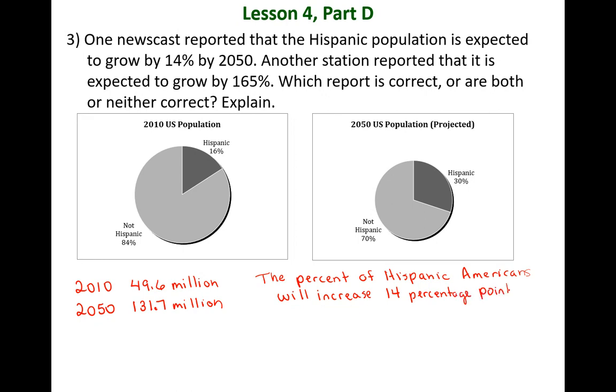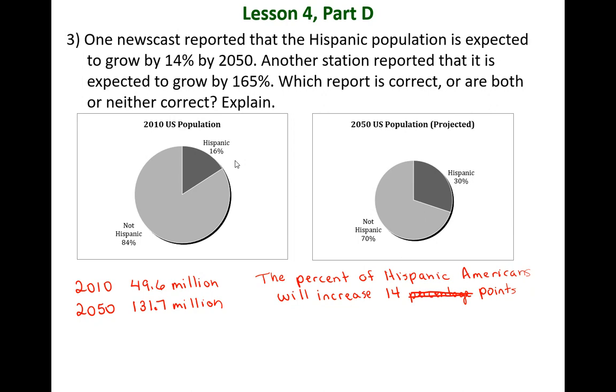Or a lot of times I won't put that in, 14 points. In other words, it's really an absolute change in the percent. The percent of Hispanic Americans will increase 14 points or 14 percentage points. Either way would be fine to say that. That's not actually telling us about the number of citizens.